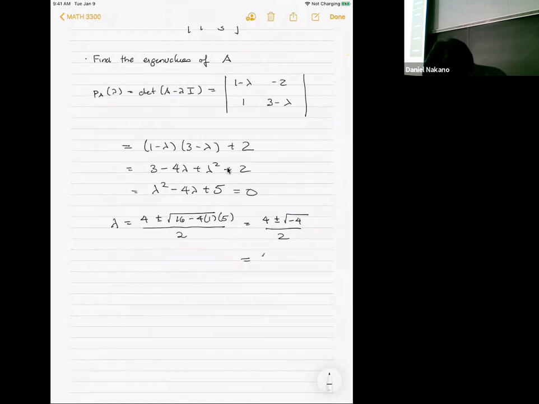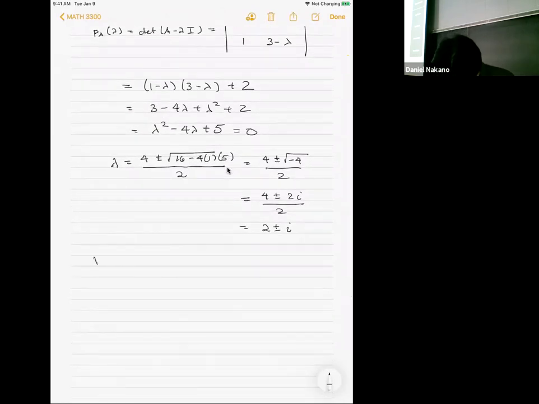This is 4 plus or minus 2i over 2, so that's equal to 2 plus or minus i. Those are the roots. So lambda equals 2 plus i and 2 minus i are the eigenvalues.